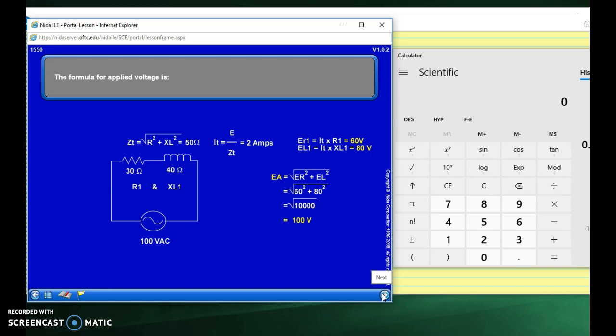But here's the new formula here, and it tells us that EA, voltage applied, is equal to the square root of ER squared plus EL squared. And we'd already calculated the 60 and 80 from the previous examples. So if we apply those, I'm going to go back to the previous slide.